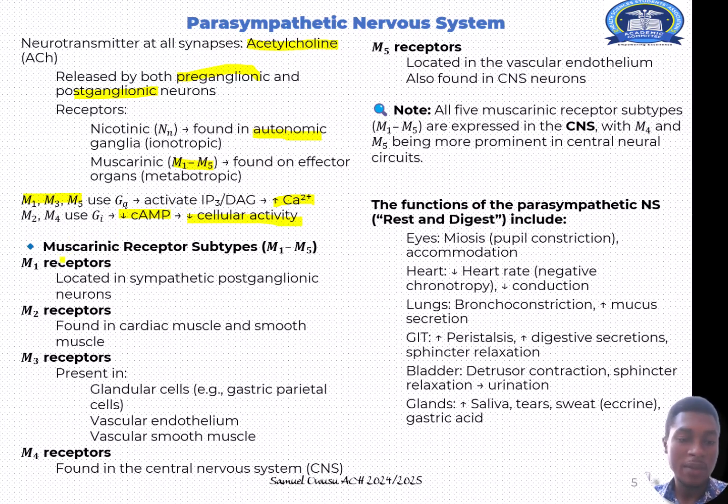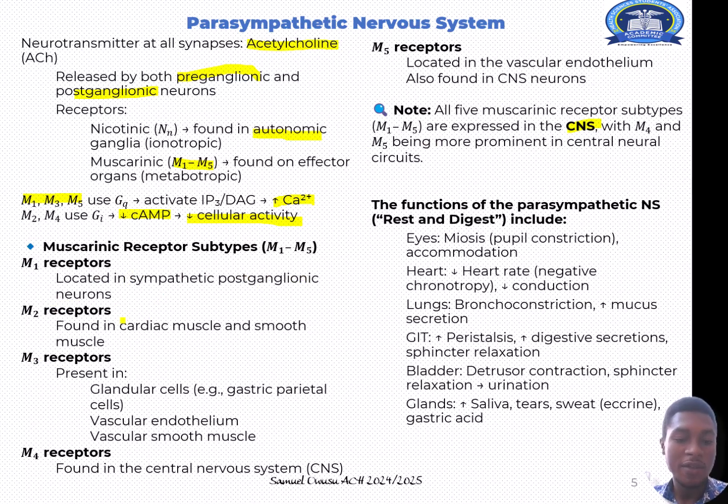The muscarinic receptors are distributed across the body. When you see M1, almost all the receptors are found in the nervous system, but M4 and M5 are the most prominent ones found in the central nervous system. The M1 receptors are located in the sympathetic postganglionic neurons.